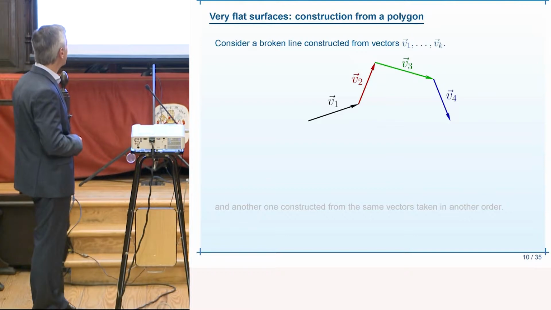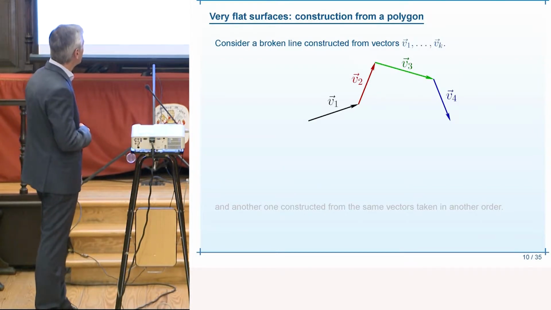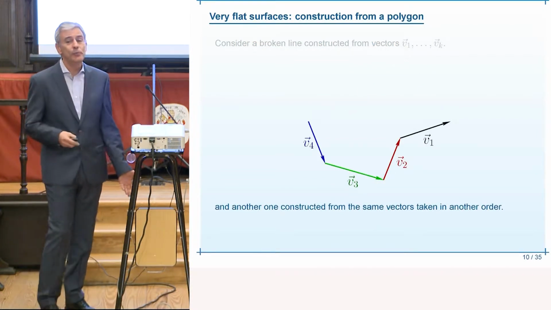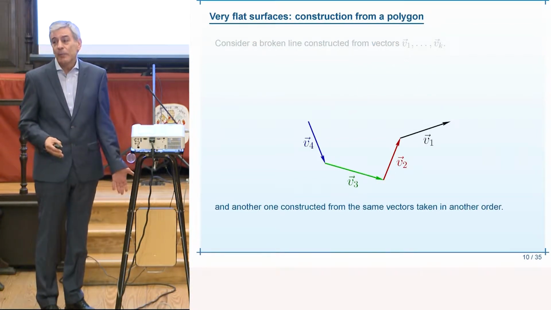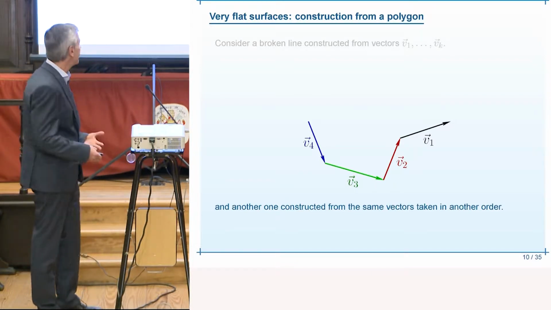If we construct another broken line starting from the very same point and using the very same vectors placed in different order, then of course two broken lines, if they start from the same point, get to the same point. And if we are minimum lucky, we get a polygon. They do not self-intersect.